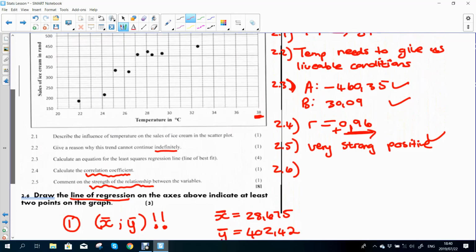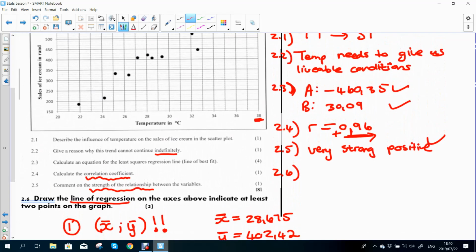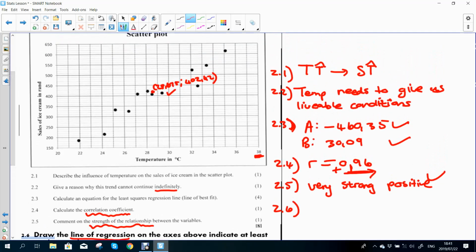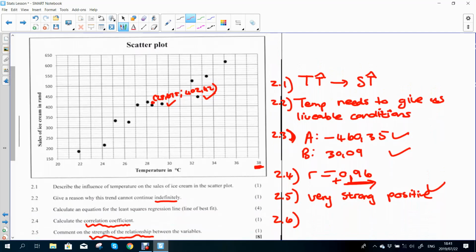So 28,6 is more or less here, and 402 somewhere there. So somewhere here, you're going to have 28,675 as your x value, and your y value is 402,42. We give 2 marks if you worked out the x and the y's mean, and your graph will go through that point.